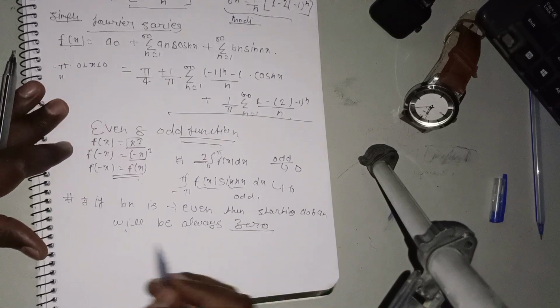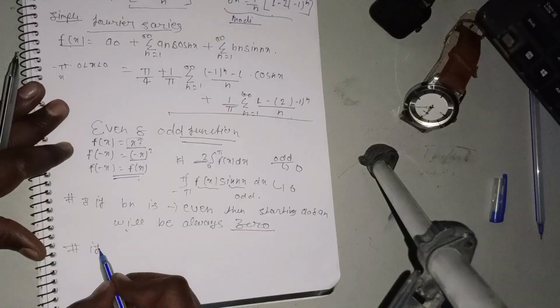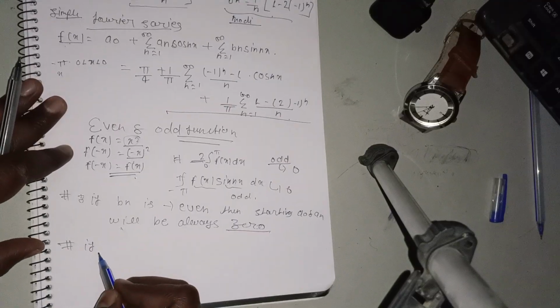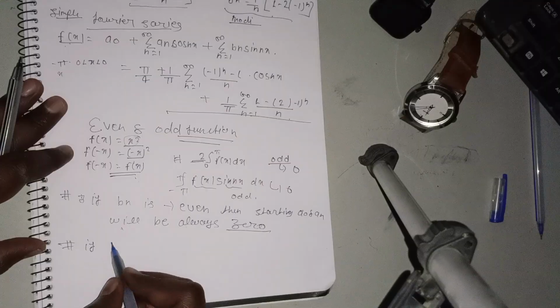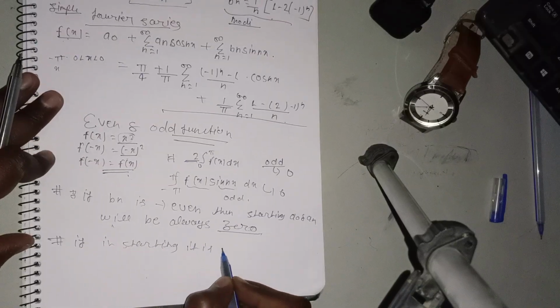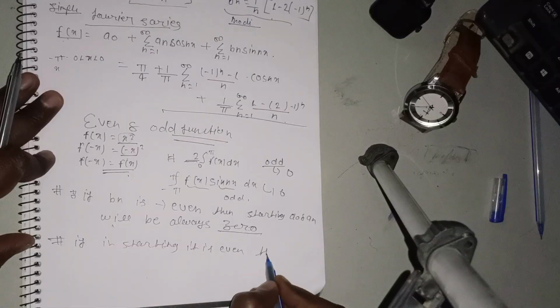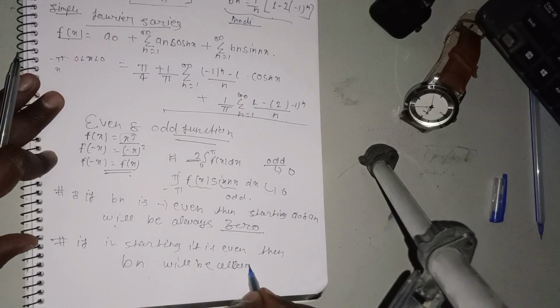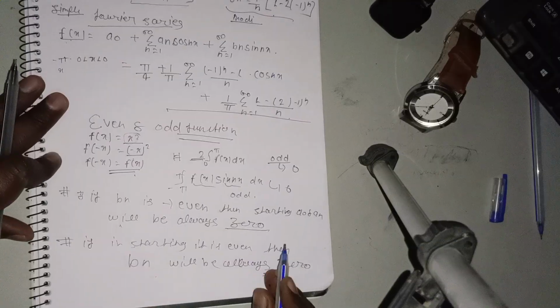We do not need to find that. If in starting it is even, then bn will always be 0. Remember this, okay? Yes.